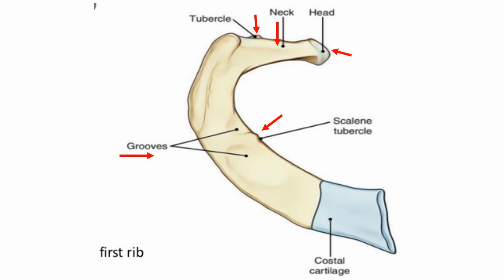Now, anterior to the scalenus medius, there's a groove where the subclavian vein passes, and a groove posterior to the tubercle where the subclavian artery passes. And we will see these structures in the next slide.